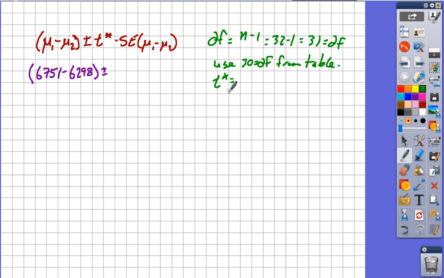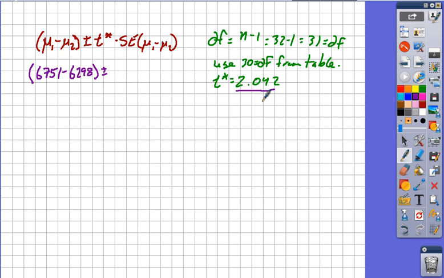Okay? So what you're going to do is at 30 degrees of freedom on your T table, go over until you are above the 95% confidence level. When you do that, you'll notice what's the value? Right, 2.042. We're doing the confidence interval manually, so we have to find the t value manually. So now we know it, right?